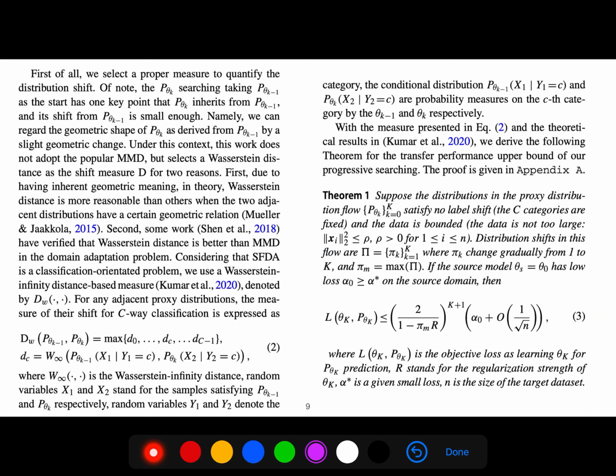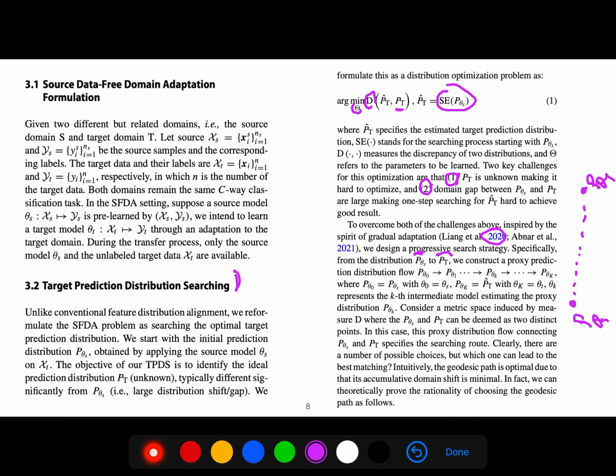So, considering SFDA is a classification-oriented problem, they use a Wasserstein distance-based measure. So using this Wasserstein distance-based measure, they can see the maximum of these for any adjacent proxy distribution.